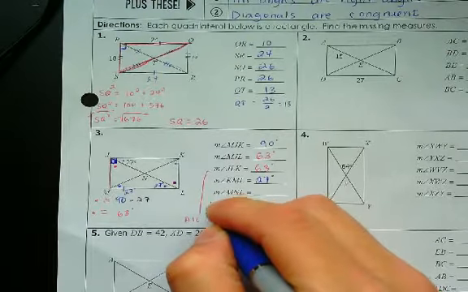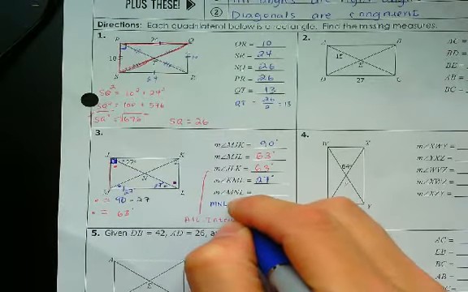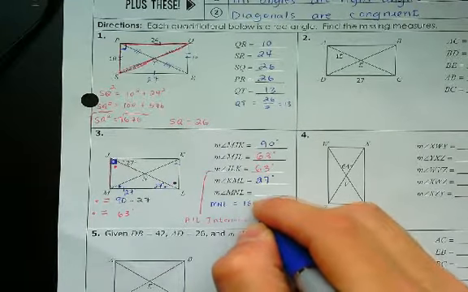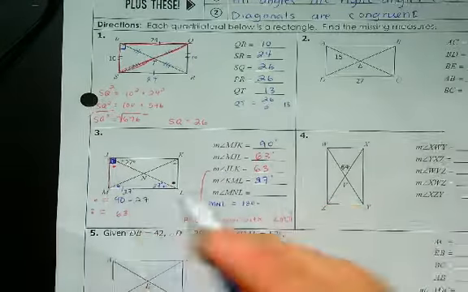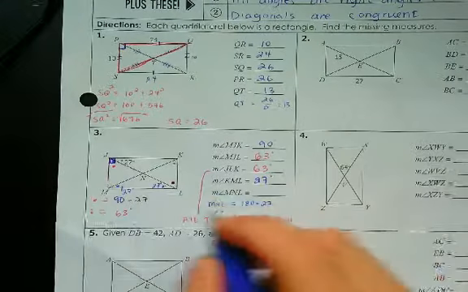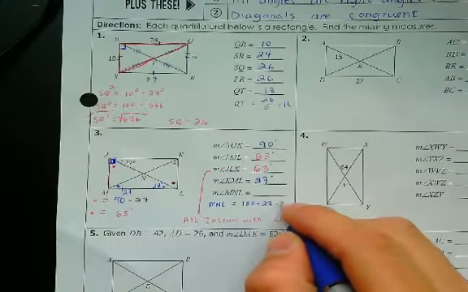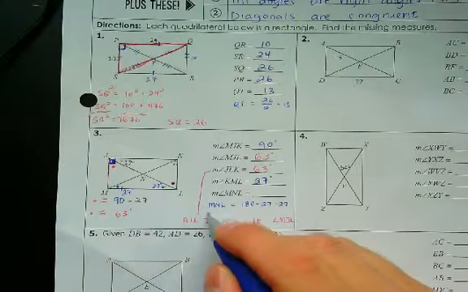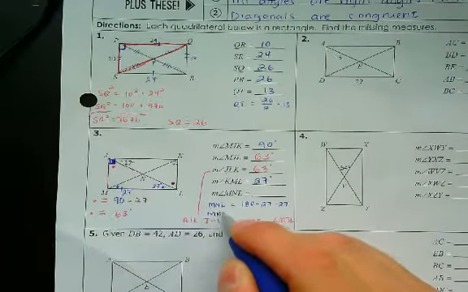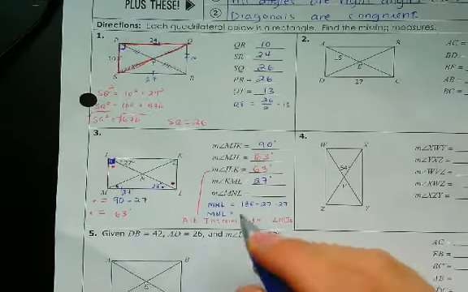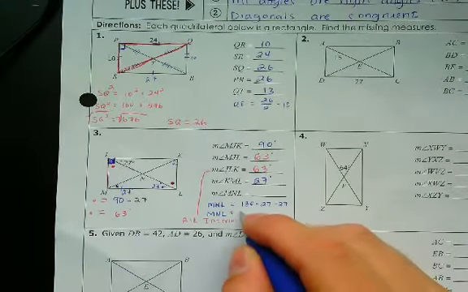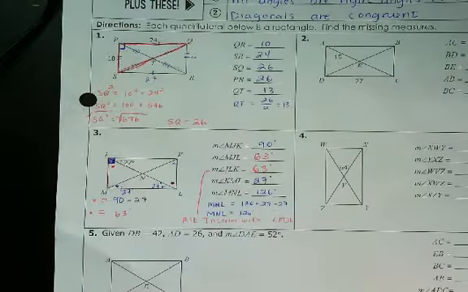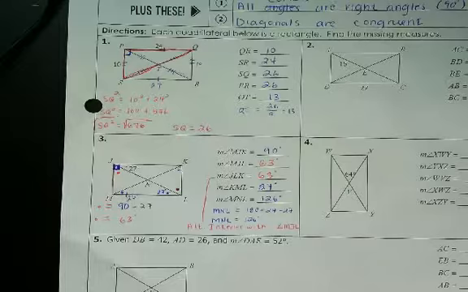So for MNL, that guy is going to be equal to 180 minus this one right here, 27, minus this one, which is also 27. So MNL is equal to 126 degrees. There we go. That's number 3.